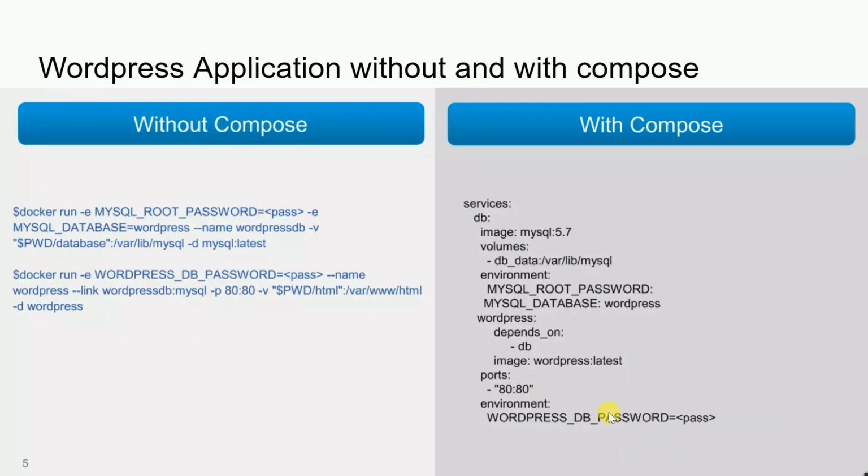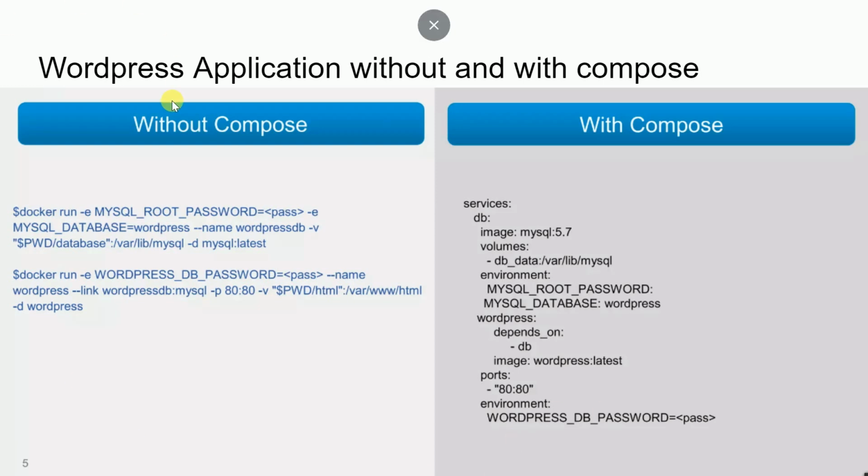Let's take a WordPress application without and with Compose. Here I took WordPress as an example. Basically we know that to run WordPress we need an app and a DB, right? And the app server should be linked to or depend on the DB, right?